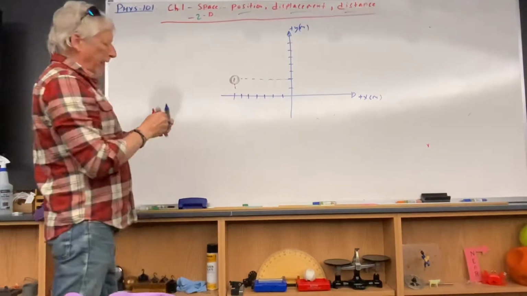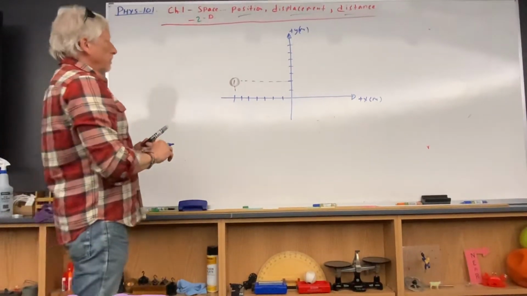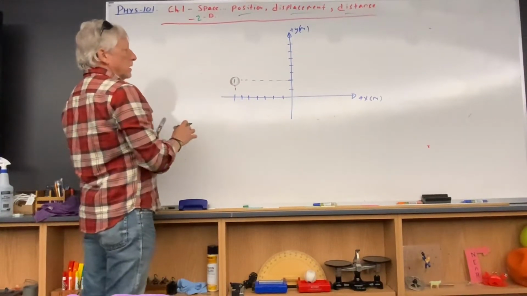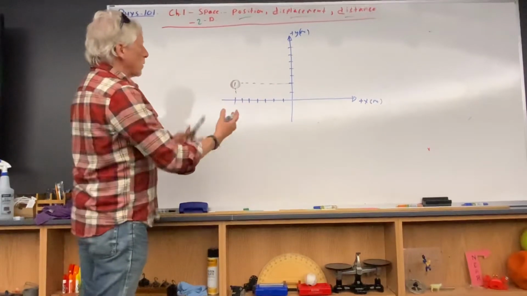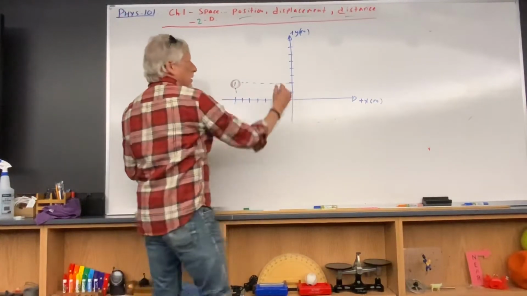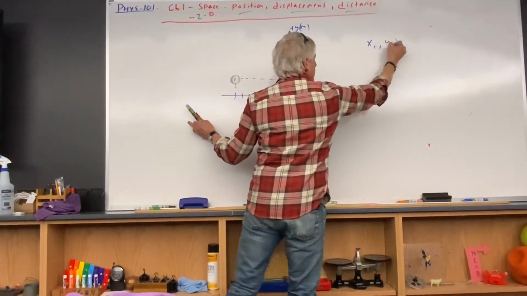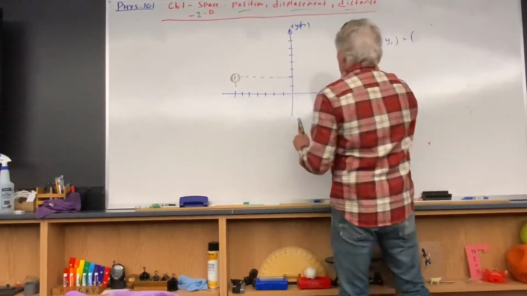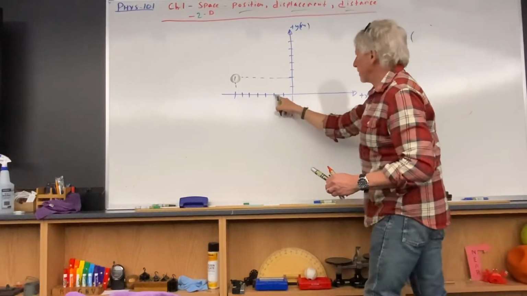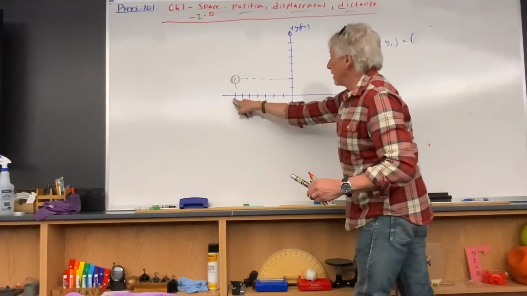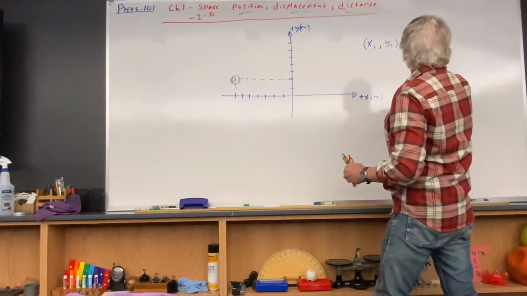That's where it is now, earlier. And I would say that its position with this coordinate system, x1, y1, is equal to, let's see, x is negative 7 meters.